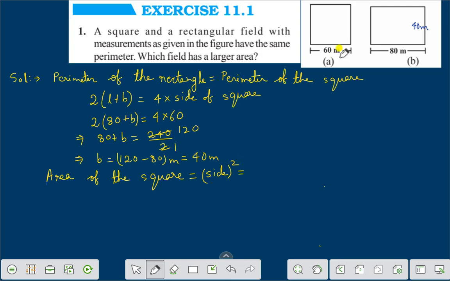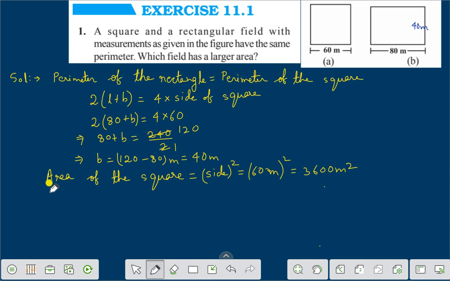And here you see the side is given as 60 meter. Therefore 60 meter whole square. That is we are getting 3600 meter square. Right?